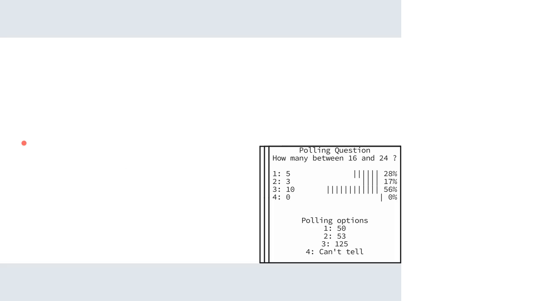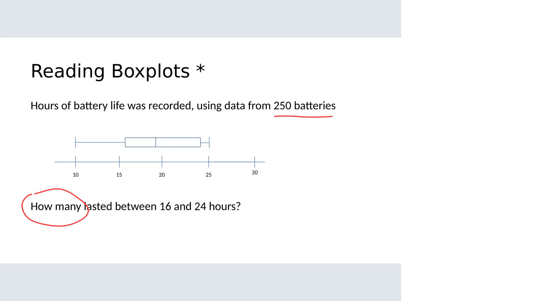Okay, split a little bit. The second most common answer is 50, and I know why that happened, so we'll make sure we talk about that.